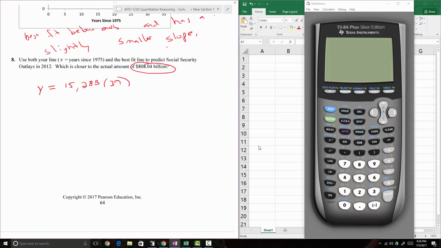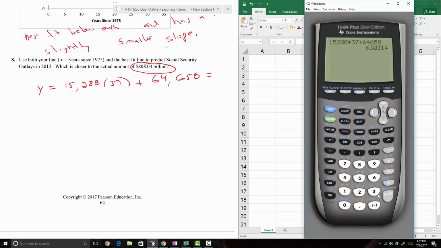Then we need to add in the 64,658. So take 15,288 times 37 plus 64,658.